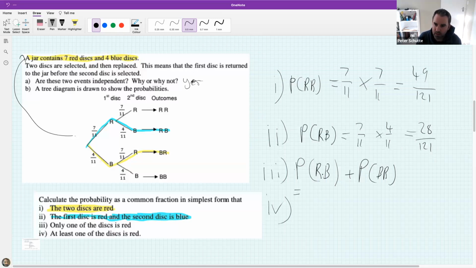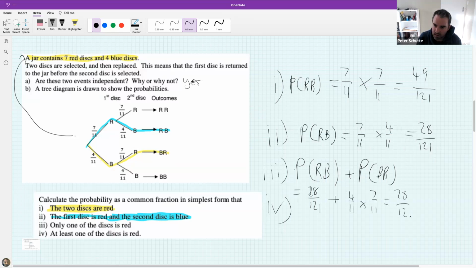What's that going to be? We kind of know the first part. So that's going to be 28 over 121. But now the probability of blue and then red, oh, well, that's also going to be, now that I think about it, 4 over 11 times 7 over 11.